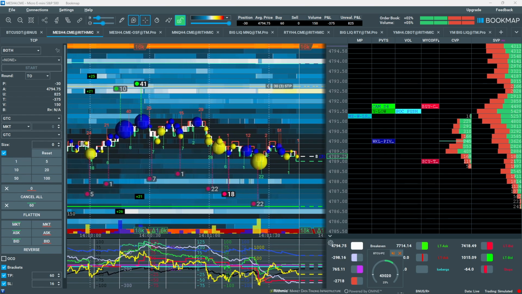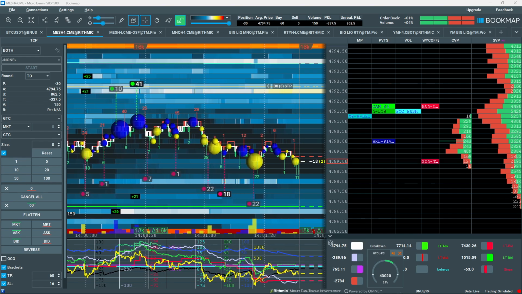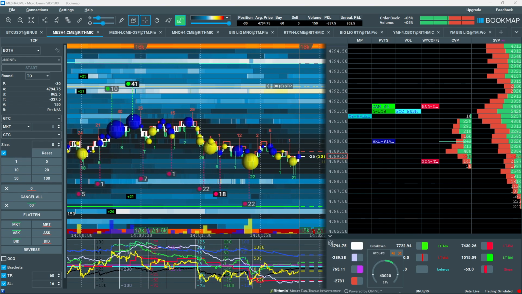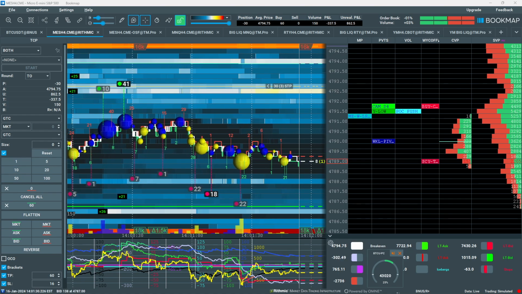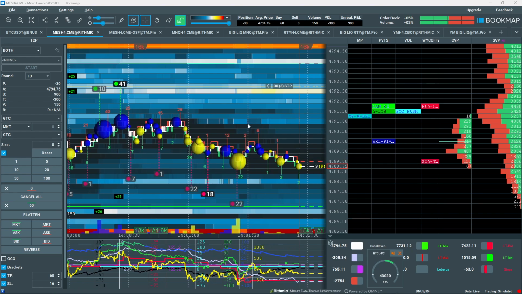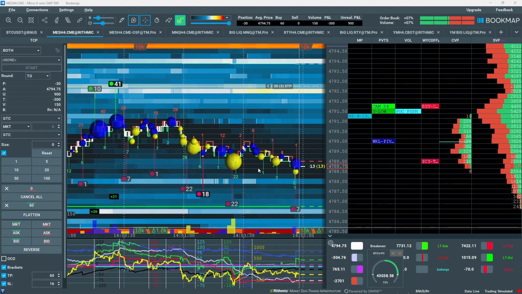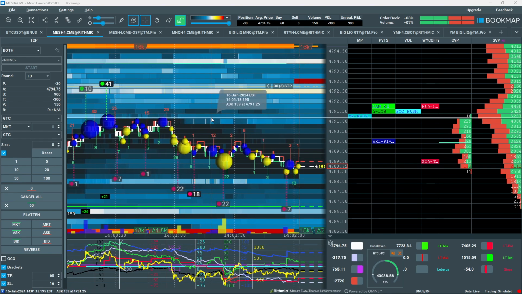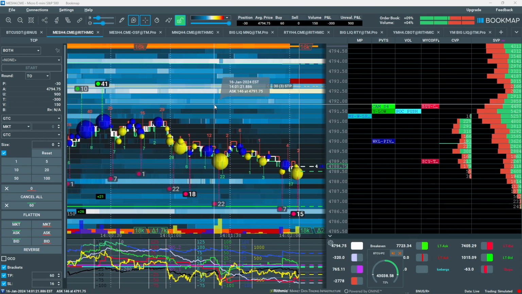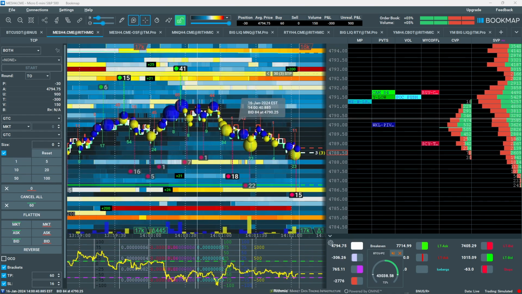We had sellers coming in to defend this 47.91.50, 91.75 level.